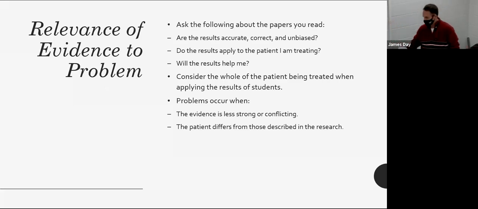Following that, the hierarchy of evidence pertains to the methodological quality. But even more important than the methodological quality is going to be the relevance of the evidence to the problem.